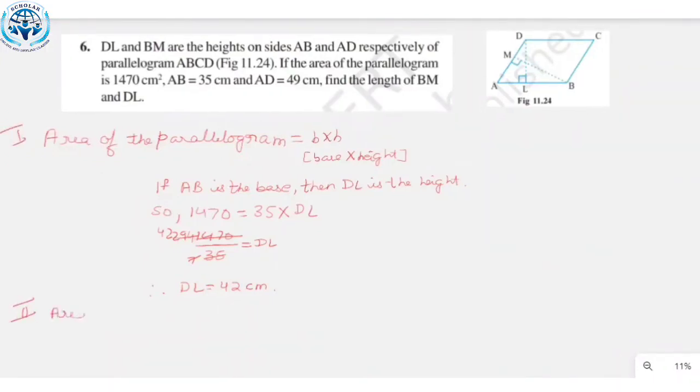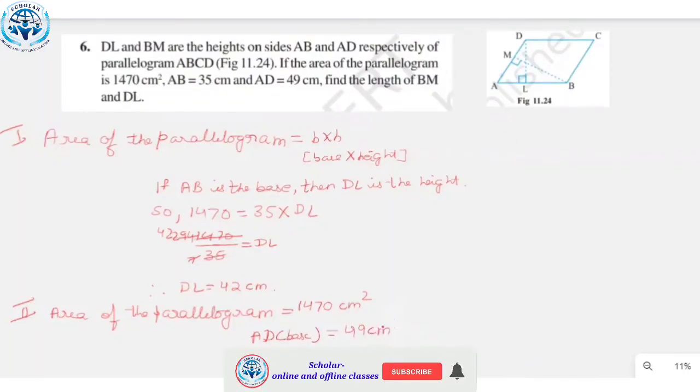Now we have to find out the length of BM. Second part, area of the parallelogram is 1470 centimeter square. If AD is the base, then BM will be the altitude or height of the parallelogram.